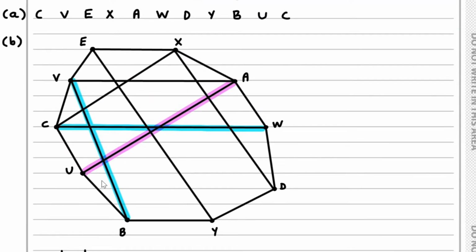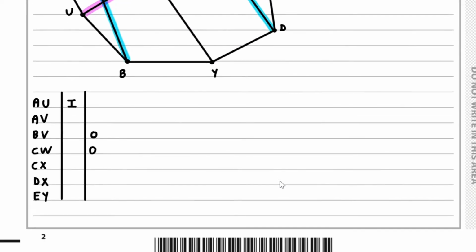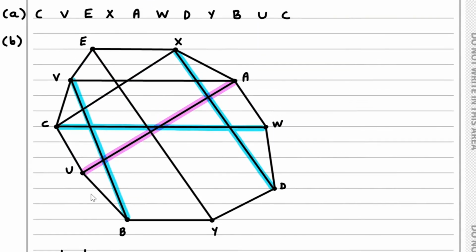We also have DX, which crosses AU, so we label DX with an O. And then we have EY, which crosses AU.